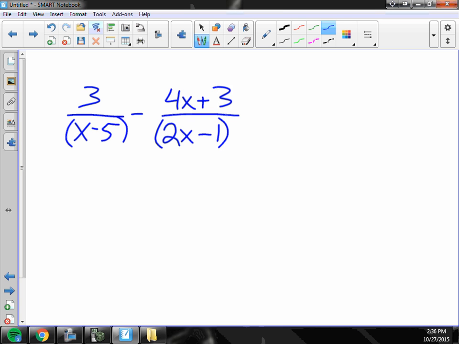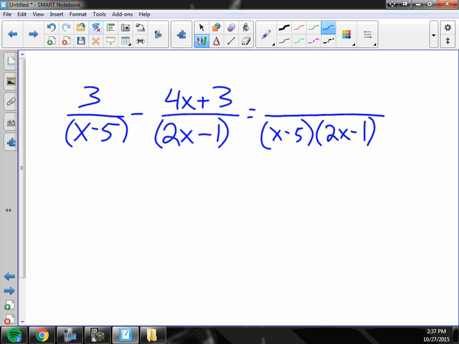Is there any overlap from one denominator to the other? Well, we have to treat them as a single group. So x minus 5 is a factor, and 2x minus 1 is a factor, and they're different factors. So the common denominator is going to be one version of each, x minus 5 and 2x minus 1.